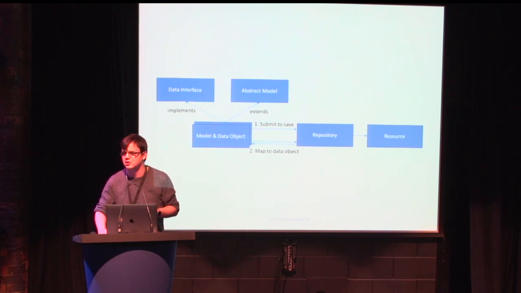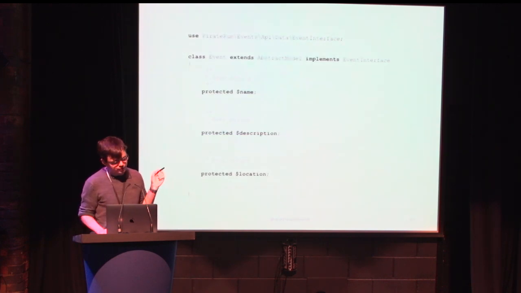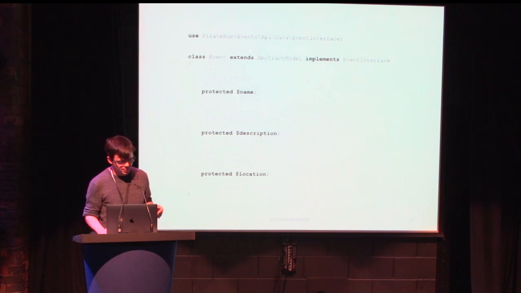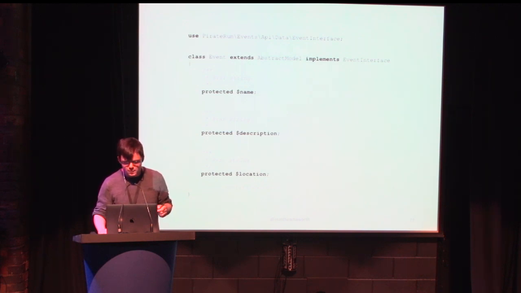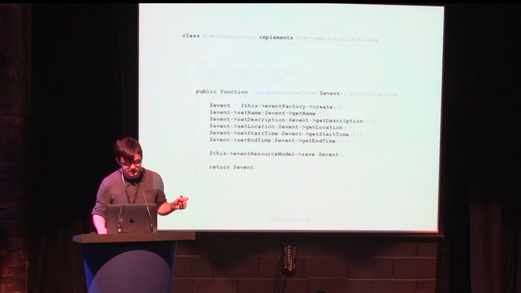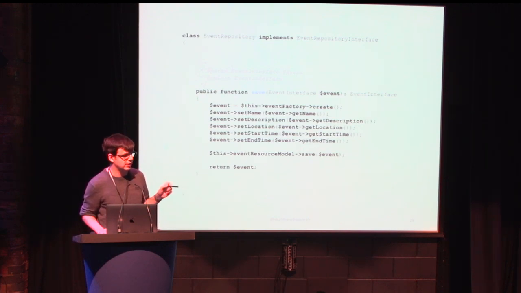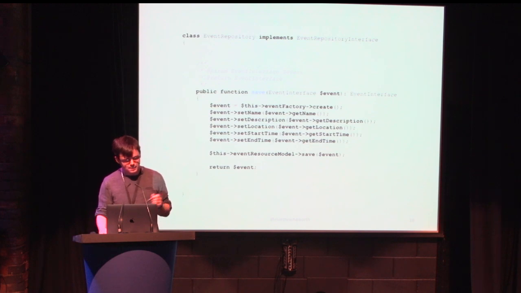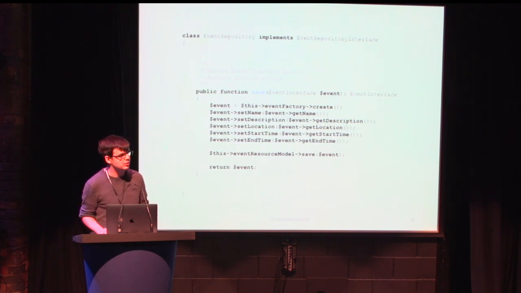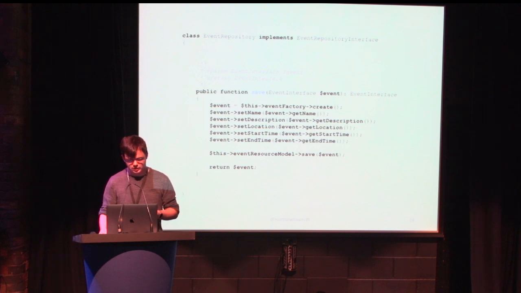But let's have a look at how that looks in code. So my event now both implements the event interface and extends the abstract model, and then the repository takes the event interface, creates a new event that I know to be something that extends an abstract model, passes all the data one by one, and then calls save on the resource model. It seems a bit verbose, but now it's very reliable. I know what it's doing, and I know that I'm going to have type safety.